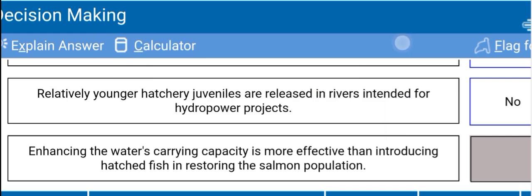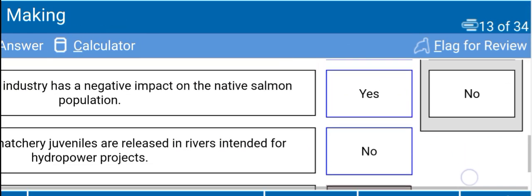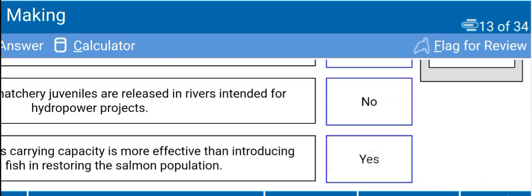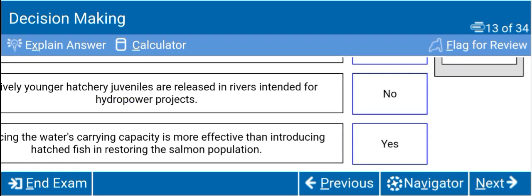So the fifth conclusion does follow. So that's why we will drag a yes and drop it in front of this conclusion.